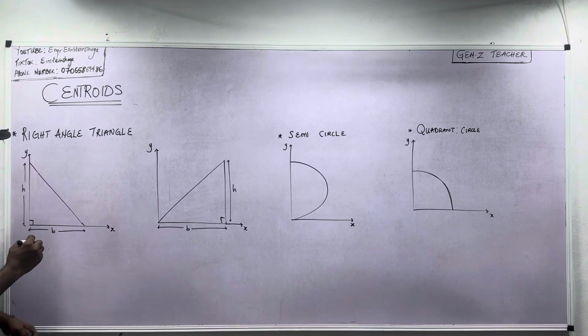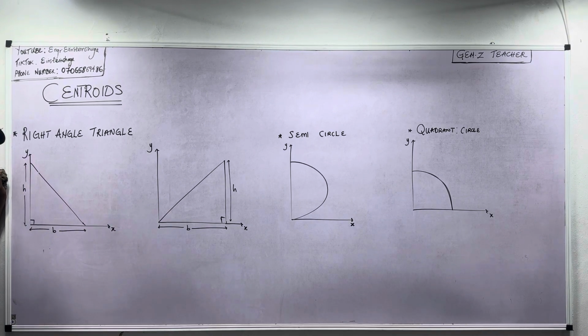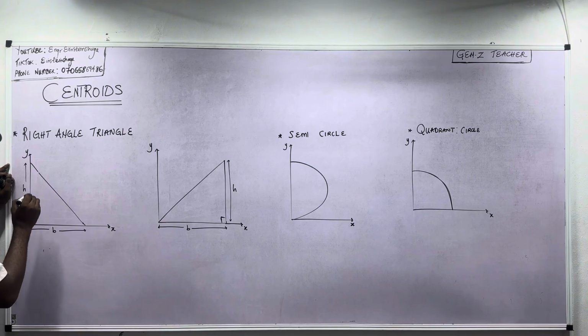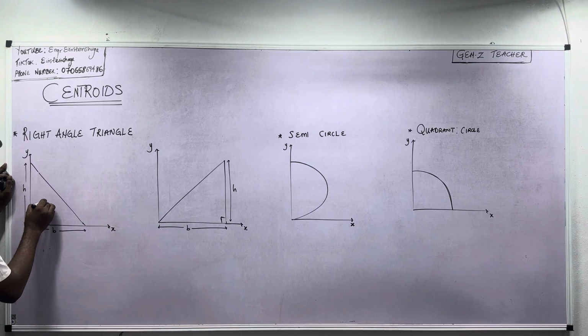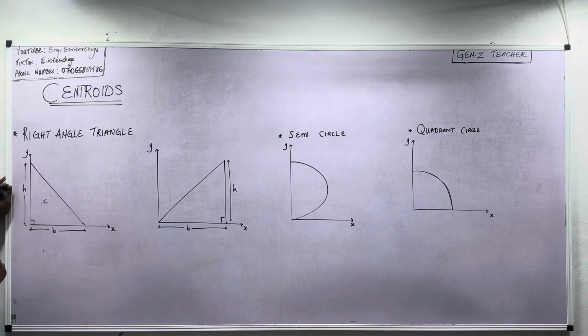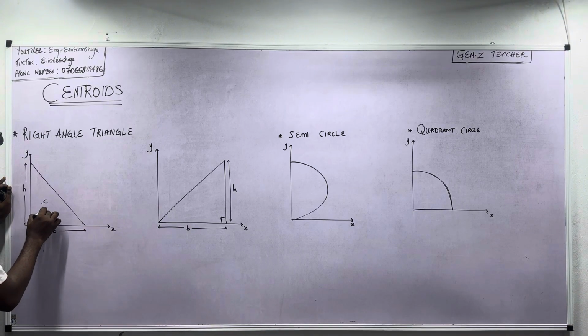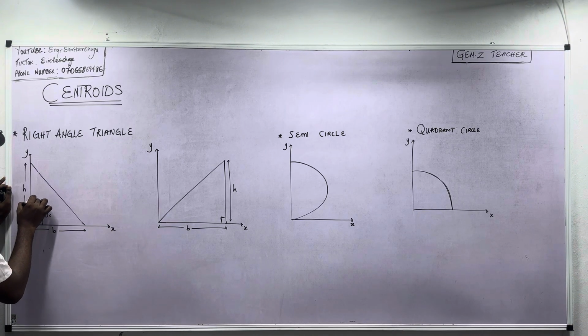Same pattern. Remember, the centroid is the center of the object. If I pick this point as the center of the object, we'll call this the centroid. Now, the distance from the centroid to the x-axis is the y-centroid, while from that same centroid to the y-axis is the x-centroid.